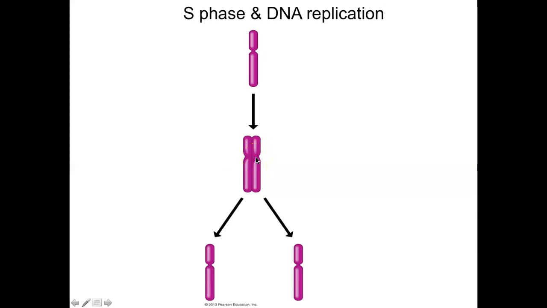This is called the centromere. And then during mitosis, when the two cells are being created, each sister chromatid goes to one cell, and the other sister chromatid goes to the other cell. So that way the new cells that are created, the daughter cells, each have a complete copy of DNA.